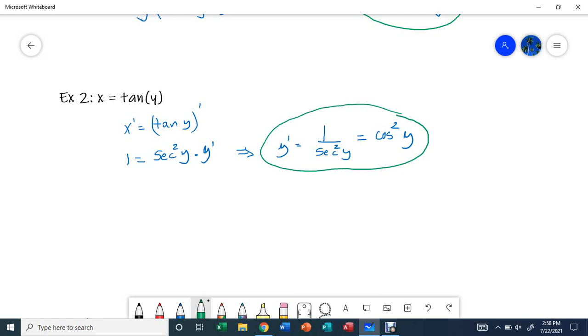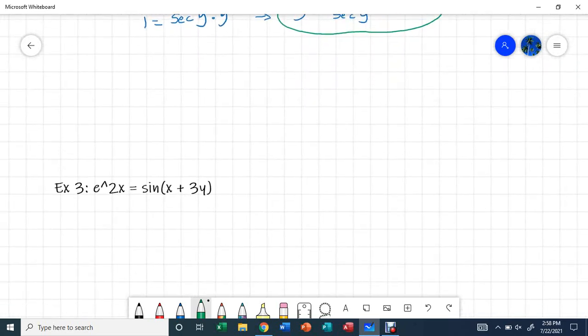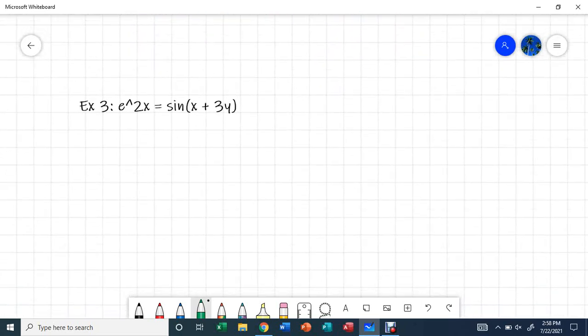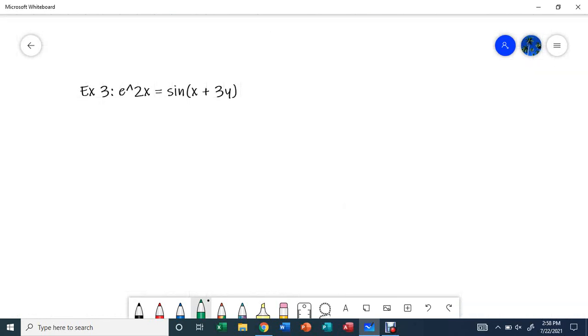And let's do the last example here. We want to find the y prime of this function: e power 2x equals sine of x plus 3y. So step 1, differentiate both sides.